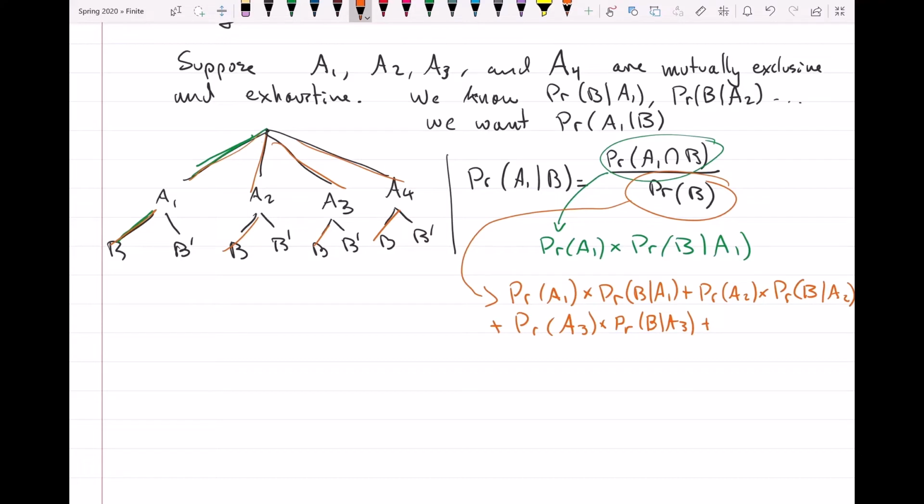And the last way to get to B would be to do A4, so the probability of A4, and then B, so times the probability of B given A4.